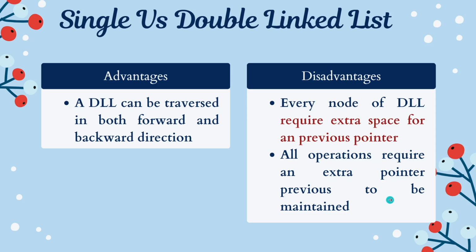Every node will have two pointers, one to the node following it and one to the node preceding it. So, maintaining the additional pointer may require some extra space, and whenever we do any operation on such a list, we have to make appropriate assignments to those two pointers, and that is additional complexity with respect to the double linked list.